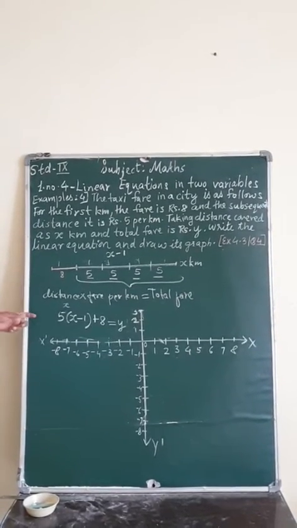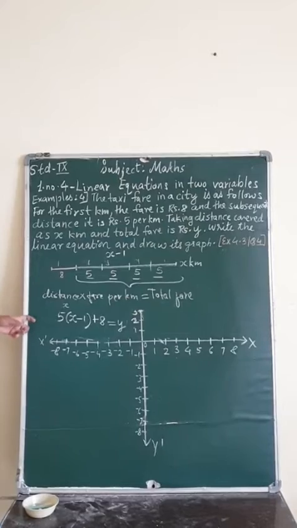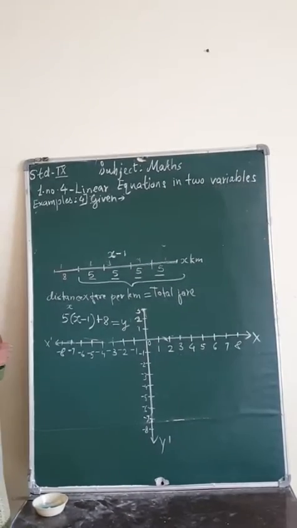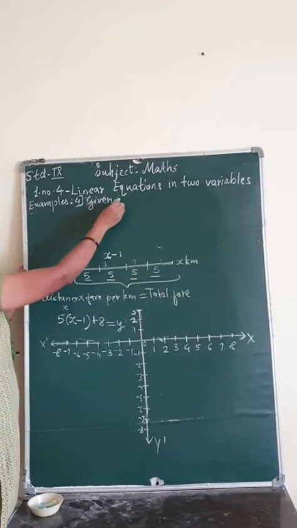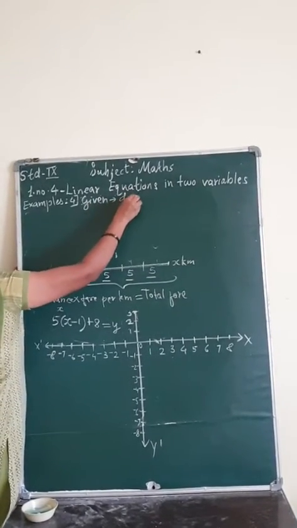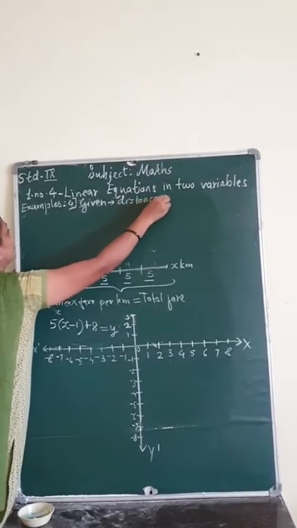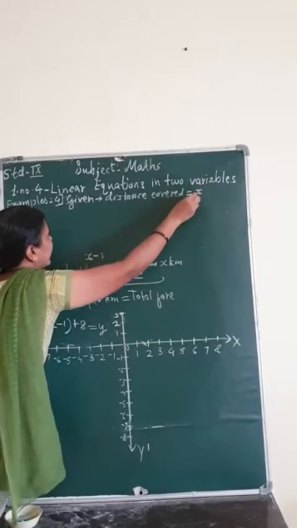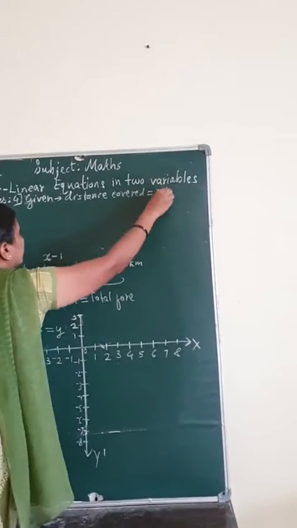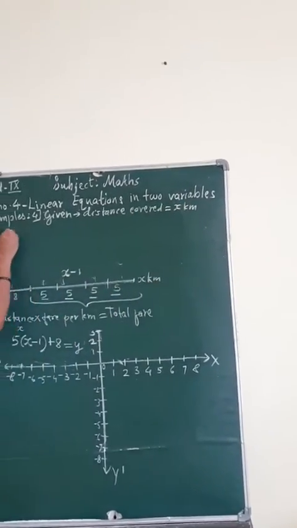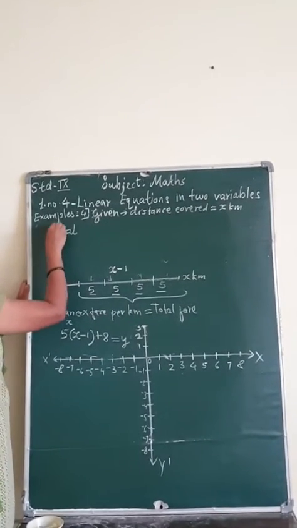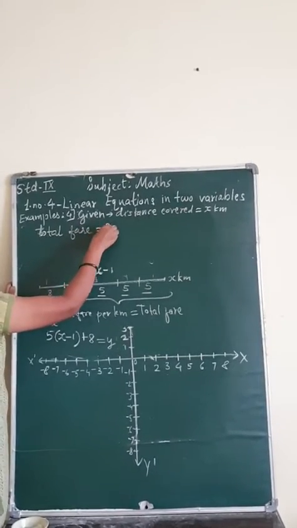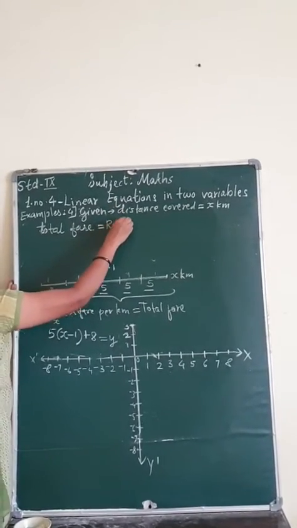So this is how we form the equation. I hope you have understood how we have formed it. Now we will write this in a proper form. In this, the given things are: distance covered is x kilometers, that is the total distance, and total fare is rupees y.